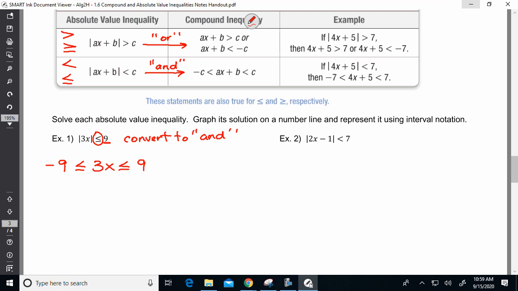So this is your conversion. Once it's converted, now you solve it just like we did in the first half of this lesson. So everything's going to get divided by 3. So you have negative 3 less than or equal to x less than or equal to 3.